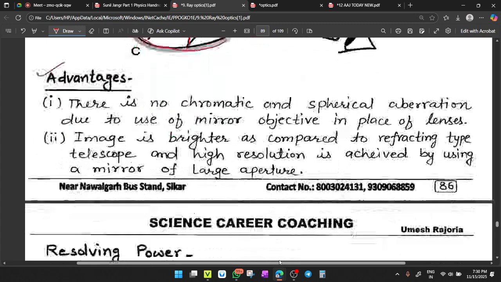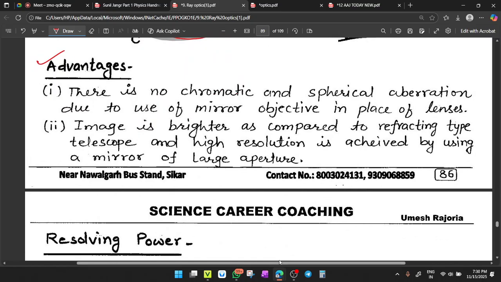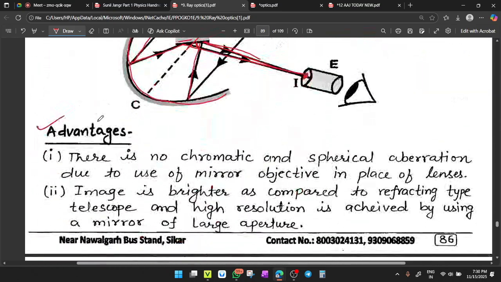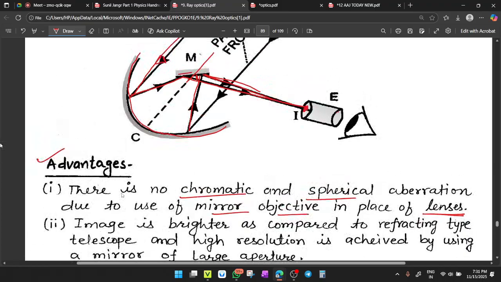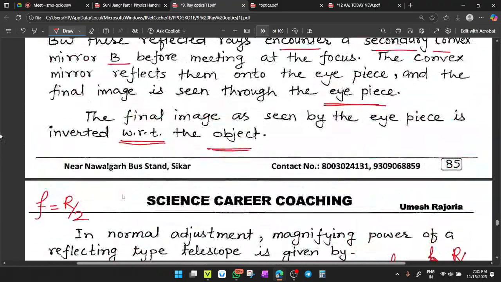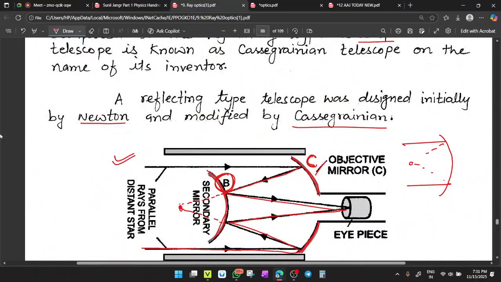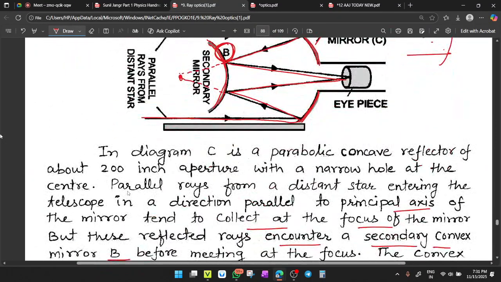Now, talking about the advantages of this reflecting type of telescope. As I said first, there are no chromatic and no spherical aberrations due to the use of a mirror objective in place of lenses. The image is brighter as compared to the refracting type of telescope, for both the Cassegrainian and Newtonian reflecting telescopes.